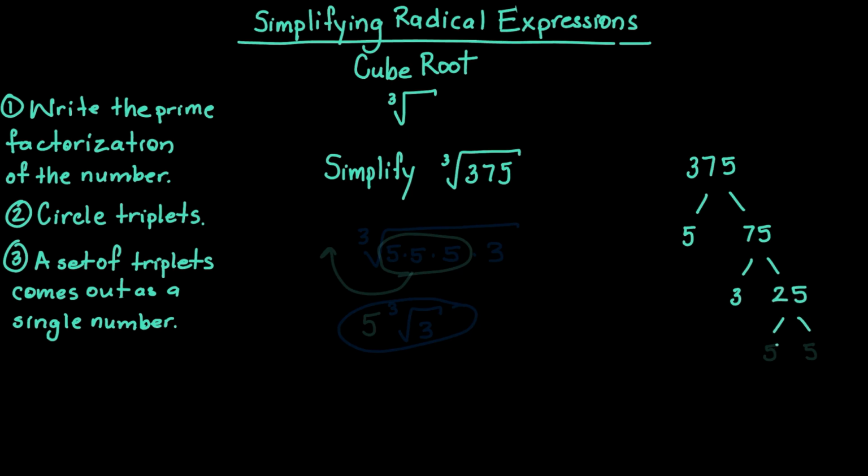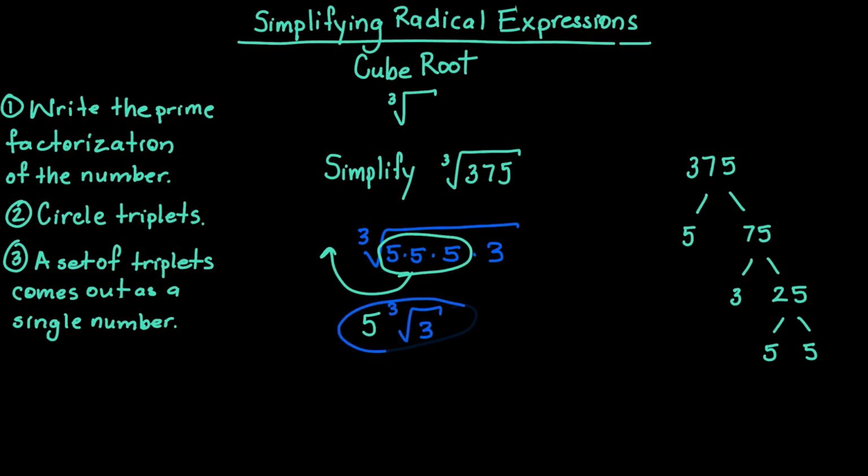And then 25 is 5 times 5. So 375 can be rewritten as 5 times 5 times 5 times 3. I have a group of triplet 5s that will come out as a single 5. And I'm left with the cube root of 3.